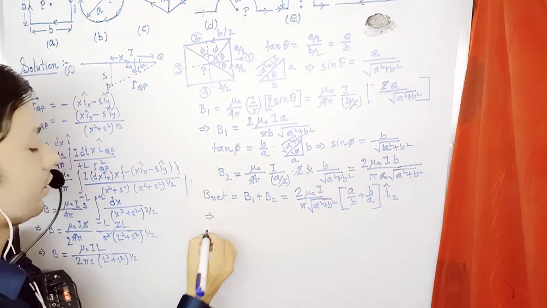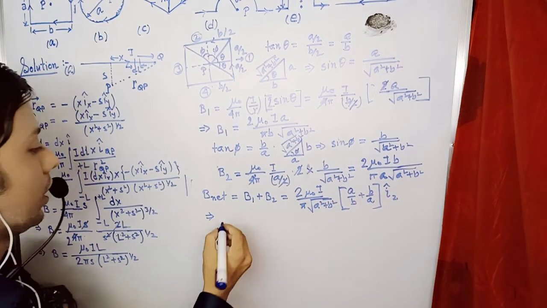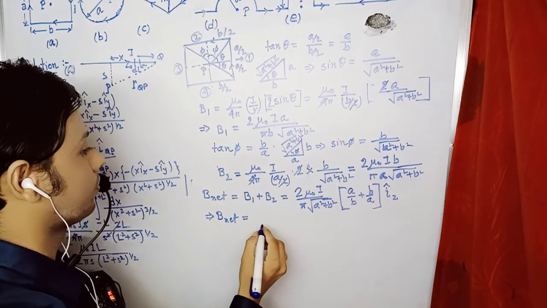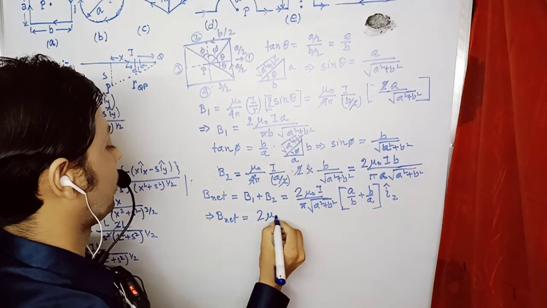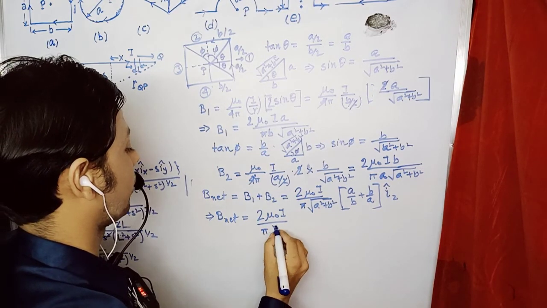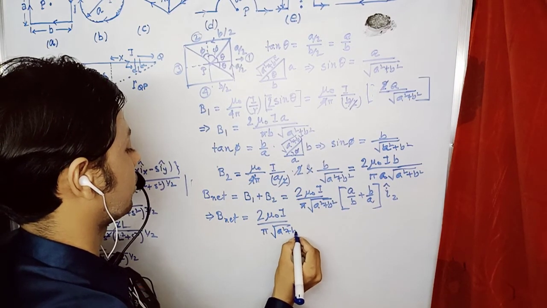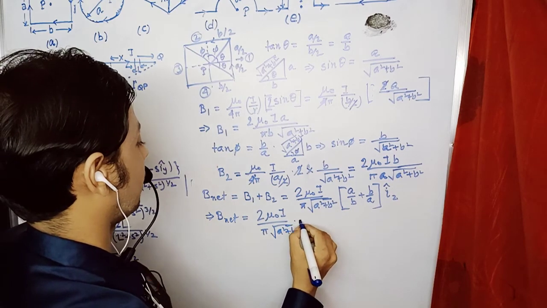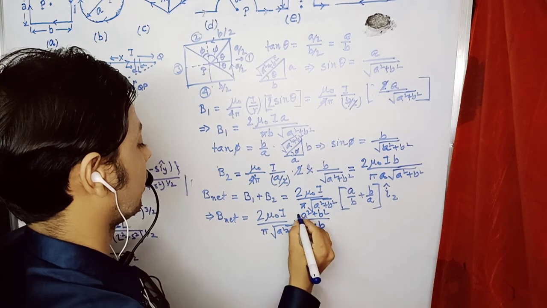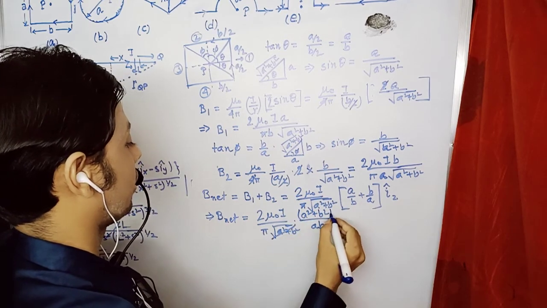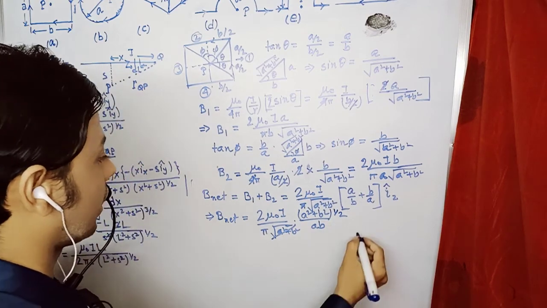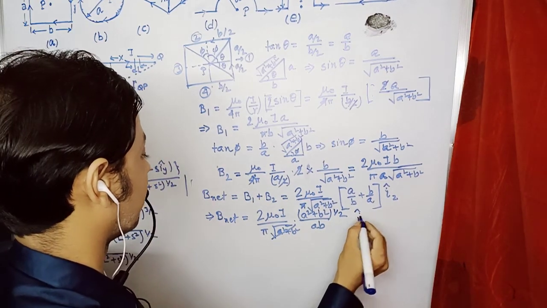Or we can write B net equal to 2 mu naught I divided by pi under root a square plus b square, and there is a square plus b square, and there is ab. Now if this cancels, then there will be only power half, with its direction z cap.